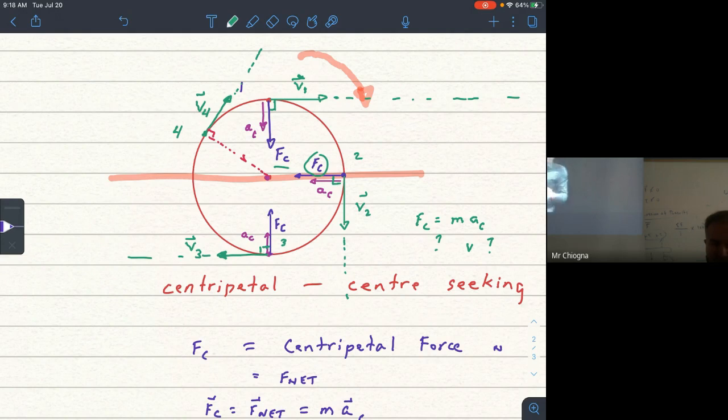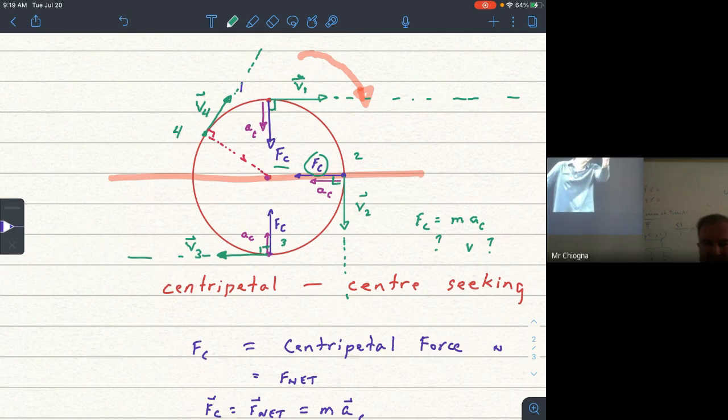Later we will learn about non-uniform circular motion, which just means that the speed changes as you go around. For now, let's just consider uniform circular motion. We just said that we think we are accelerating, and we can convince ourselves pretty quickly that that is true, because acceleration is delta v over delta t.